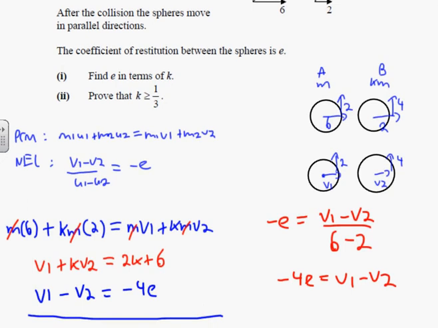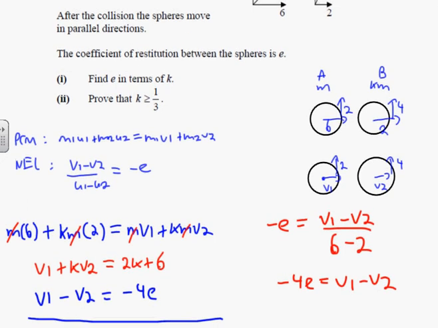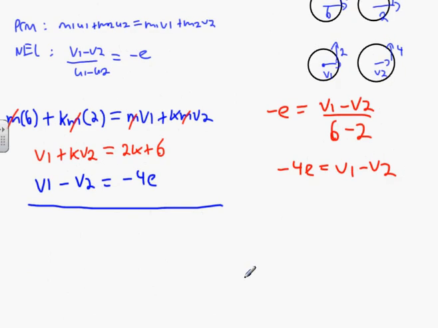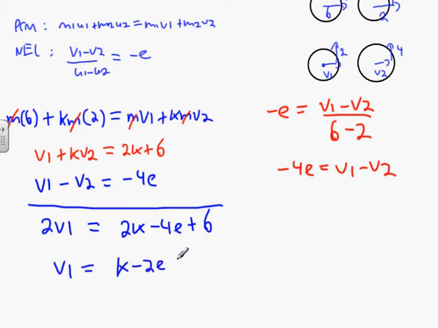It's interesting. So what I'm going to try first is isolate V1 as usual. 2V1 equals 2K minus 4E plus 6. V1 therefore equals K minus 2E. Sorry, you can't just input that, there's the K on the V2. Okay, what I'm going to do instead is minus, plus, plus.